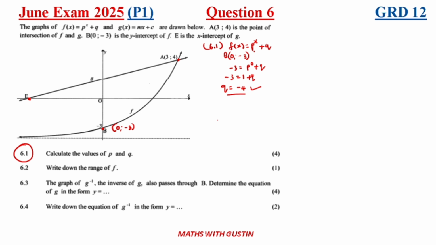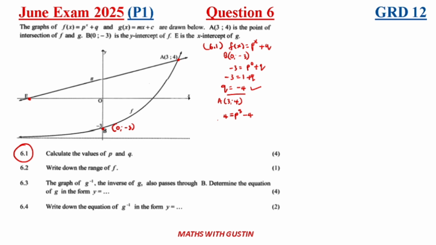We found Q, but now we need to find P. So we can use this other point, which is point A, which is (3; 4). So our y value is equal to 4, and then P to the power of 3, and then we know what Q is.